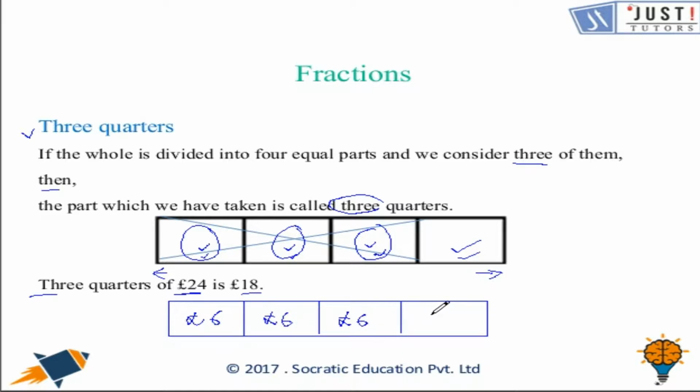So this means that 6 pounds is a quarter of 24 pounds. Now if you take 3 boxes together, from here to here, that will amount to 18 pounds as 3/4.